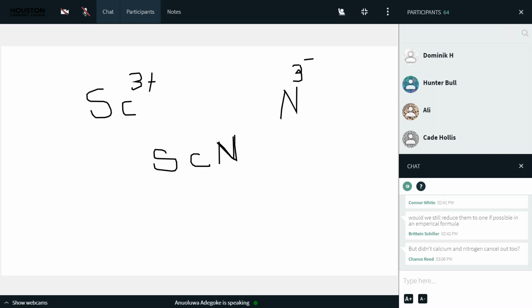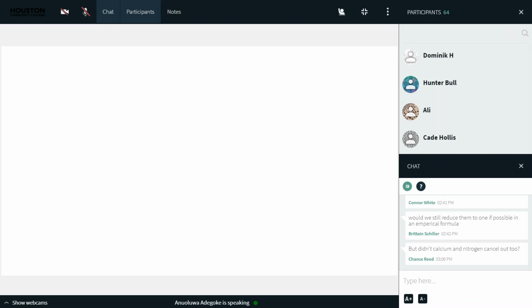Now another question: didn't calcium and nitrogen cancel out? No, let me show that again. This is calcium. Calcium is 2 plus. This is nitrogen. Nitrogen is in group 5, so it is 3 minus, right?